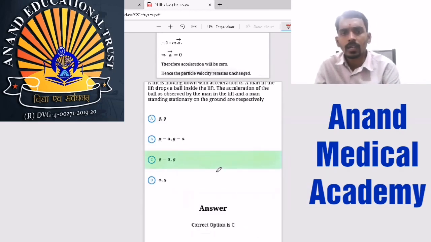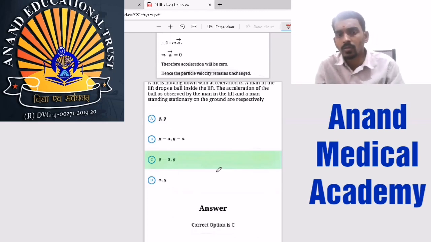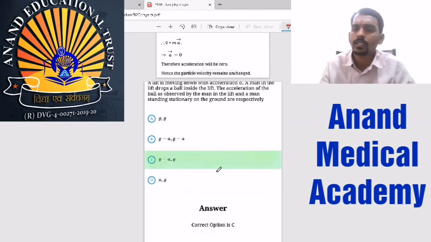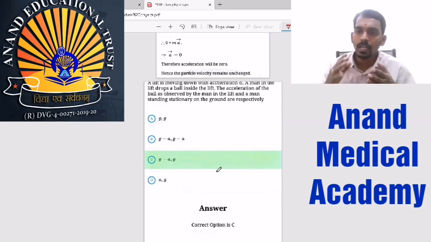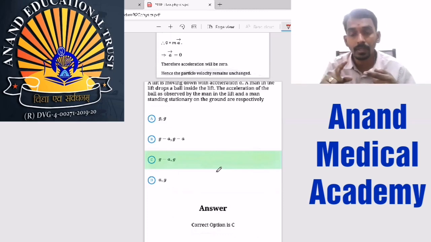Now, a lift moving upward. See, apparent weight is one of the important topics and many times they ask it. So how will the acceleration change? Remember here, lift accelerating up means acceleration upward, or decelerating downward, then also acceleration is up. Then it is g plus a. If accelerating downward or decelerating up, then acceleration is down.